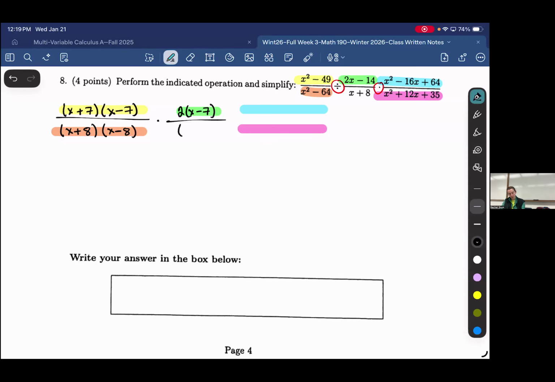Yep, and we have an x plus 8 just chilling down there. And this is divided, right? And then what about our blue? What are factor pairs of 64 that add to negative 16? Yeah, negative 8 and negative 8. What are factor pairs of 35 that add to positive 12? Yeah, 7 and 5. Good.